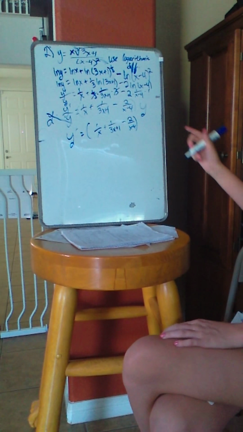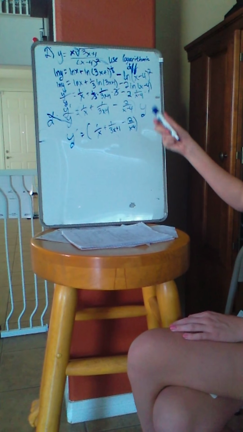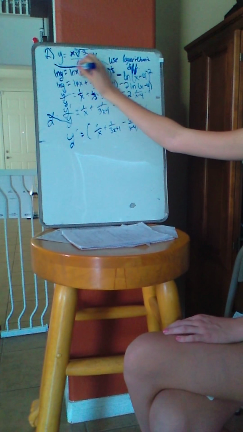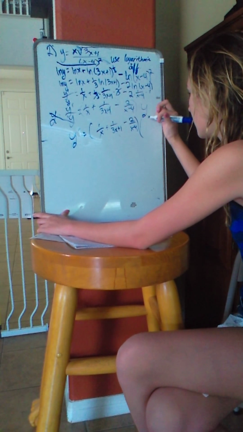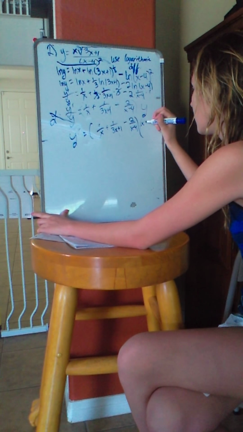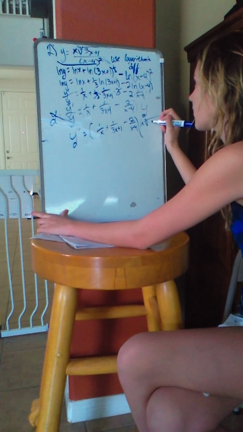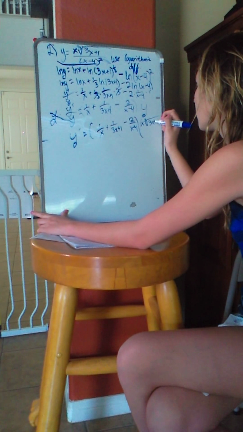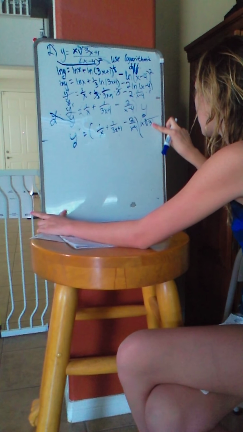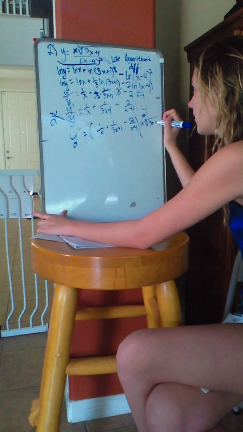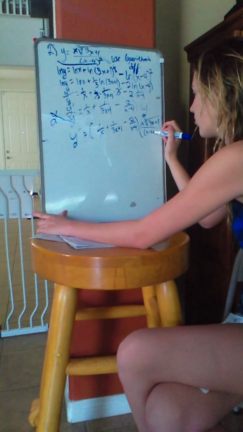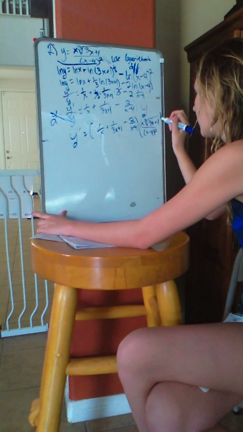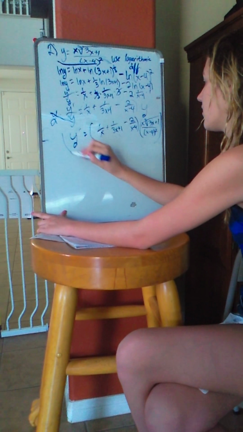And then they give you y right here. So it's just going to be times x (3x plus 1) to the 1/3 over (x minus 4) squared. And this is the answer.